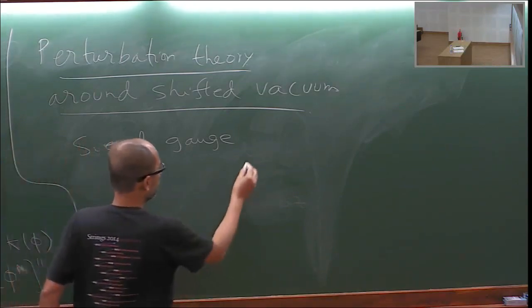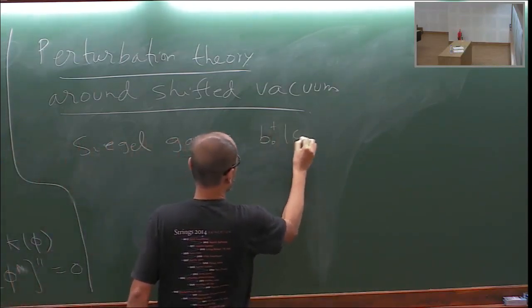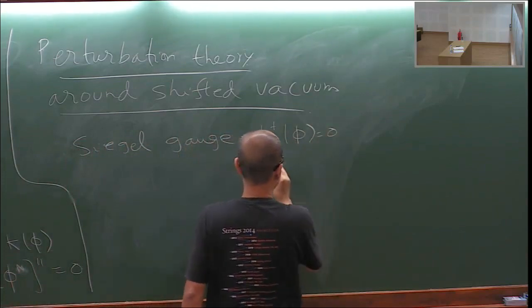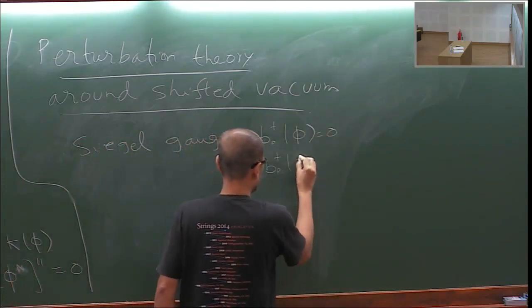Okay, so you use Siegel gauge again, B naught plus phi equal to 0, B naught plus phi tilde equal to 0.